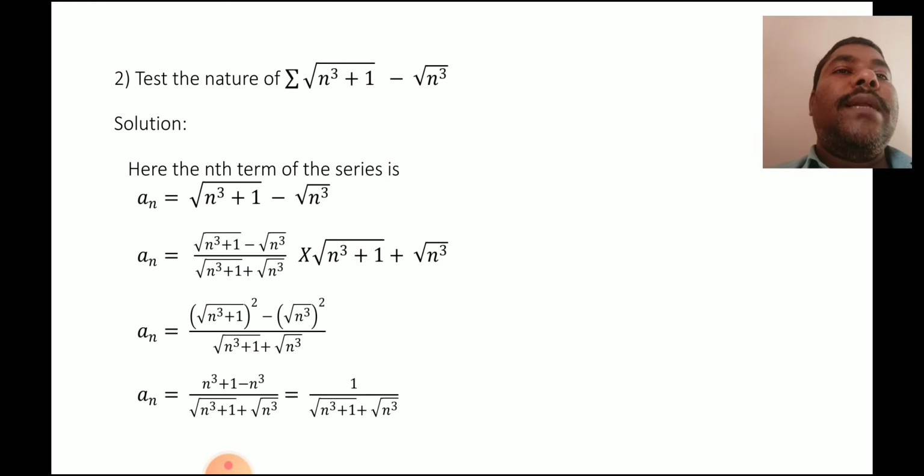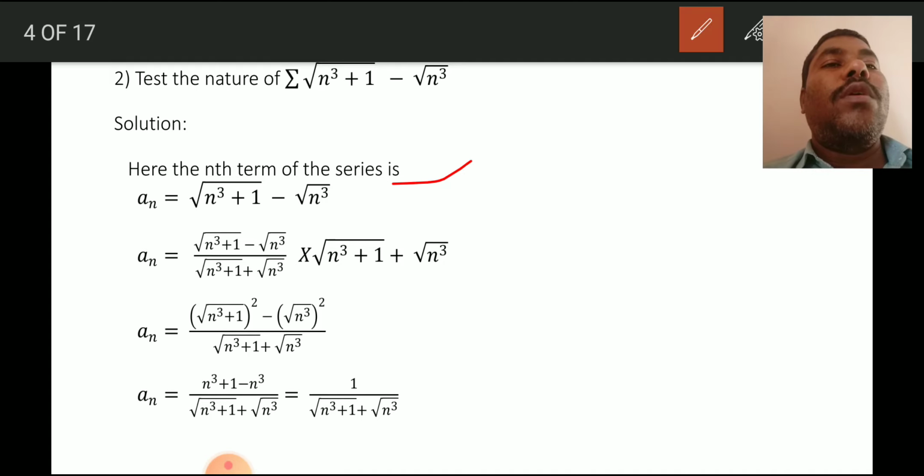The second problem is summation of square root of n cube plus 1 minus square root of n cube. The solution for this problem: an is equal to square root of n cube plus 1 minus square root of n cube. So rationalize this one.